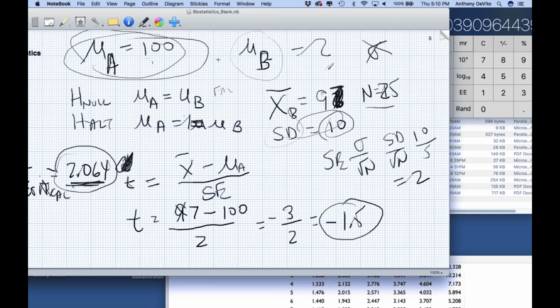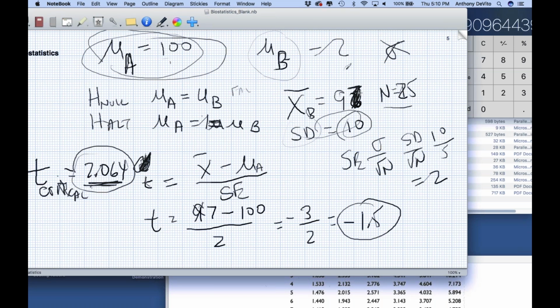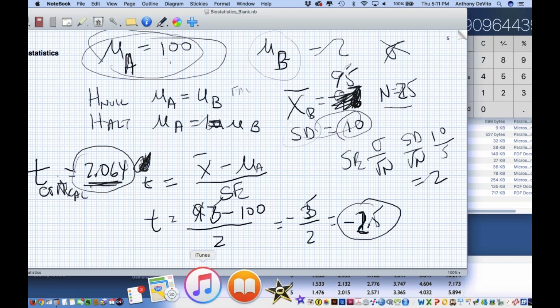Now, let me look at this from another perspective. Let's say instead of 97, this had been 95. Well, 95 minus 100 would be minus 5, and this value would be negative 2.5. Now can I reject the null hypothesis?